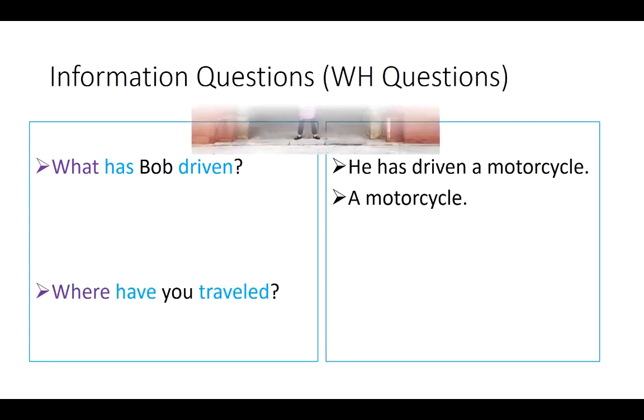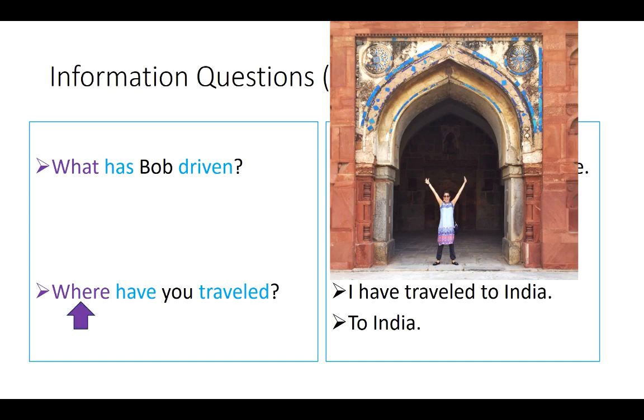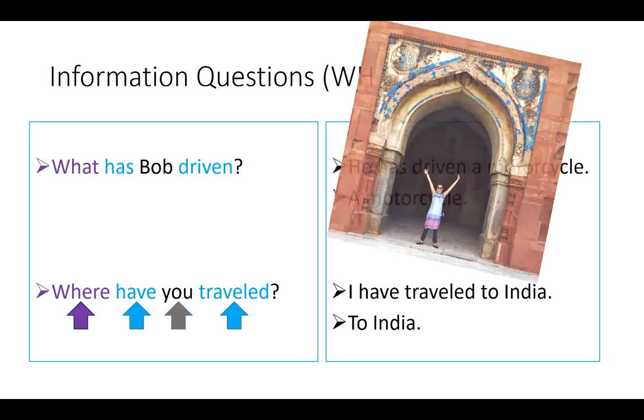Here's another example. Where have you traveled? The answer is, I have traveled to India, or, for a shorter answer, to India. So, in a WH question, just follow this order. WH word, helping verb, subject, past participle.